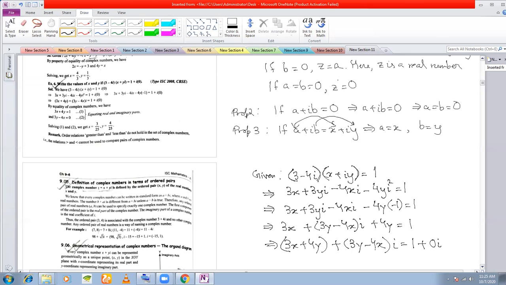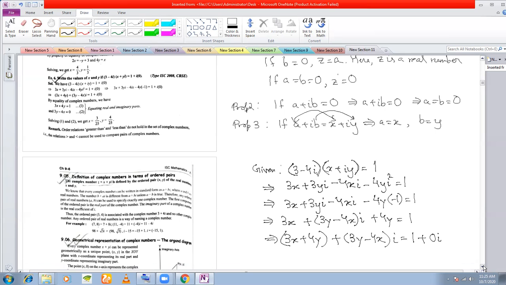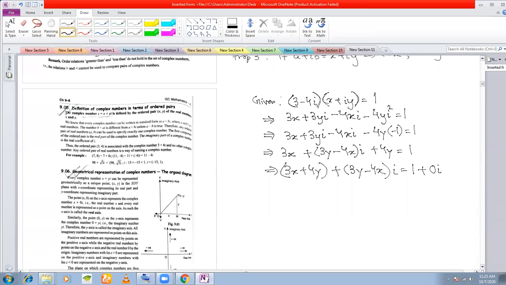As I told you, any real number can be expressed as a complex number: 1 plus 0i. Now also using another property, I can say the real parts are equal and the imaginary parts are equal. So therefore 3x plus 4y must be equal to 1, and 3y minus 4x must be equal to 0.